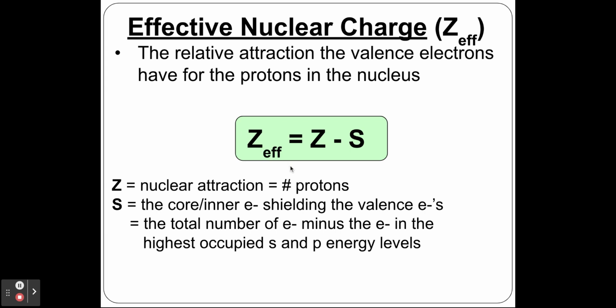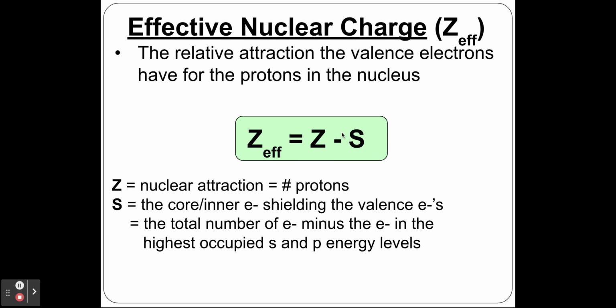So that effective nuclear charge is going to be equal to Z, and Z is the symbol that we use for atomic number. So the atomic number Z is the number of protons in the actual nucleus.